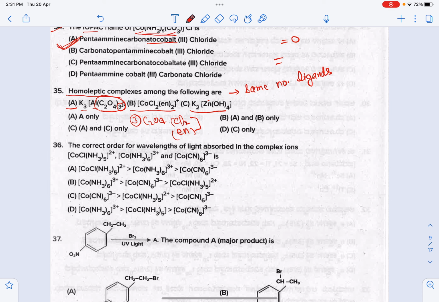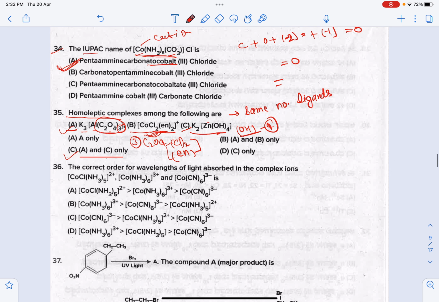In option C there is only one kind of ligand, hydroxide, which has 4 in quantity. So the homoleptic complexes will be A and C, because they have only the same kind of ligands, and option B has two different kinds of ligands. So our correct option will be A and C only.